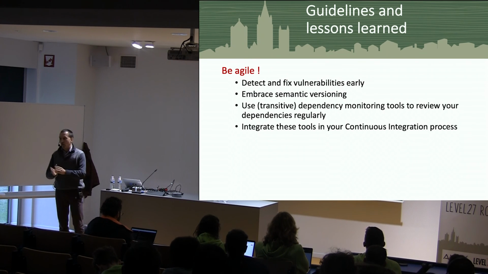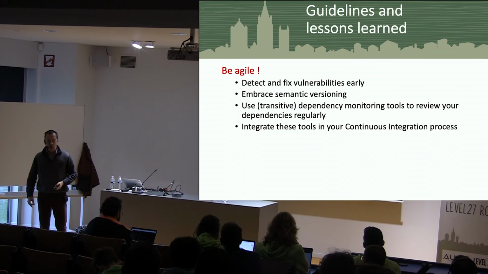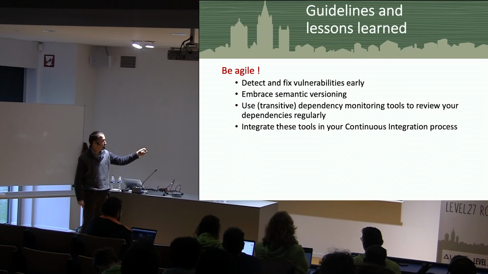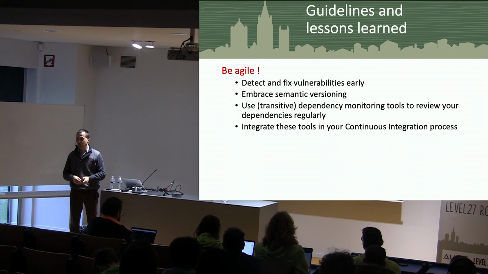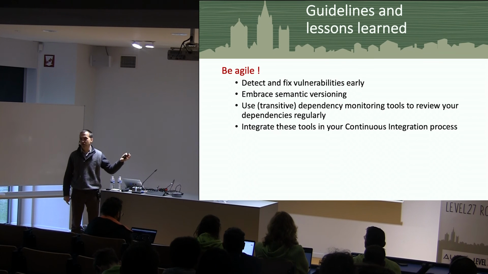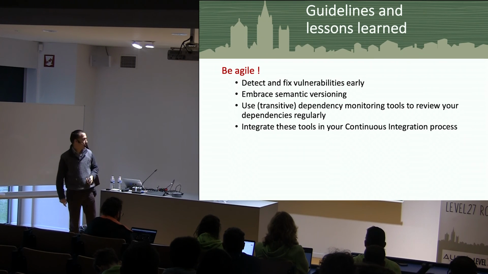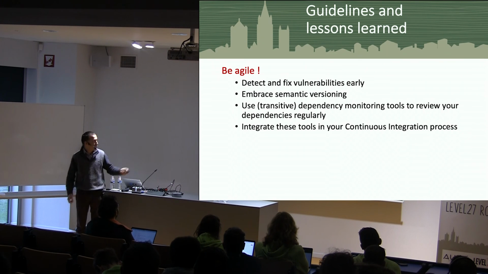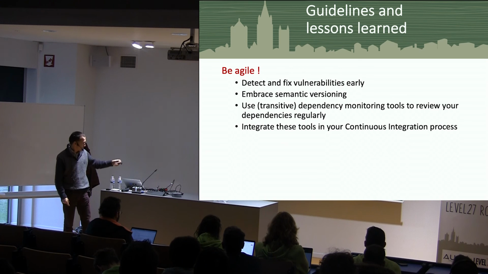The second thing is, whenever you have packages that depend on other packages, try to be agile. Whenever you detect a vulnerability, try to fix it as much as possible. This holds both for the package you're developing yourself, but also for the dependents whenever you depend on a vulnerable package. Embrace semantic versioning. Semantic versioning is there to help you, so trust it and use it. But of course, before using it, check that those packages on which you depend also embrace semantic versioning, otherwise you're again in trouble.